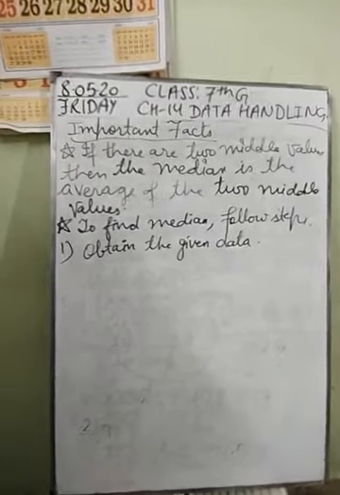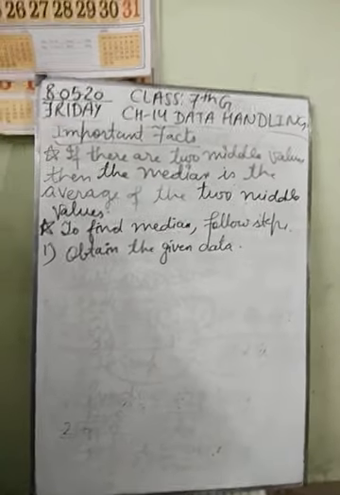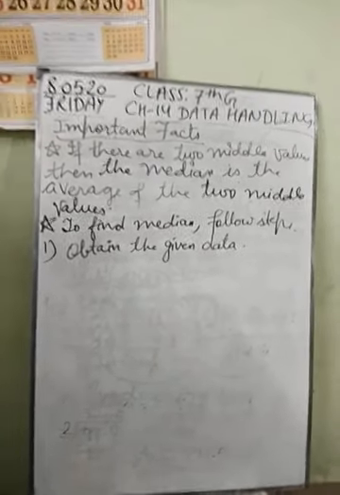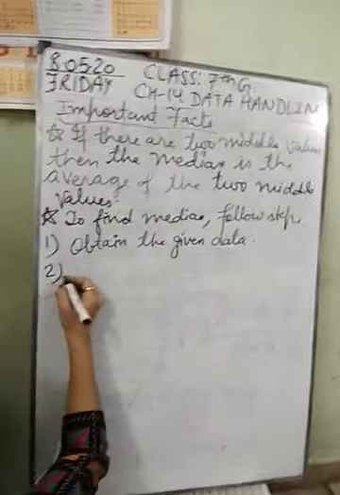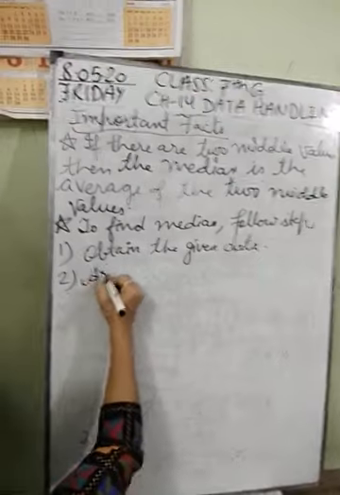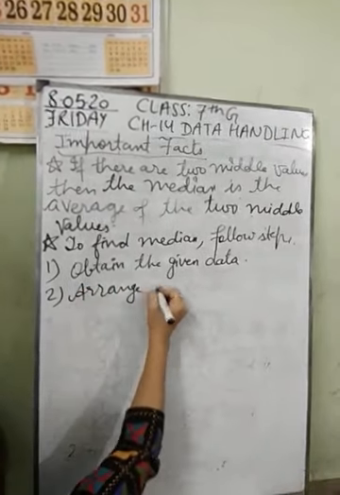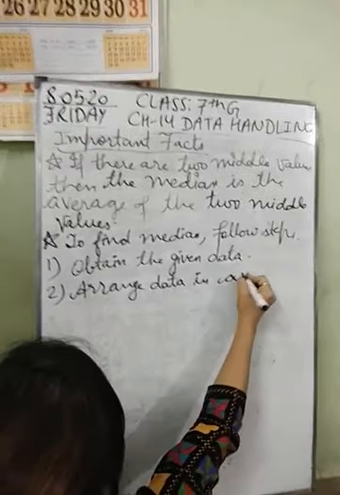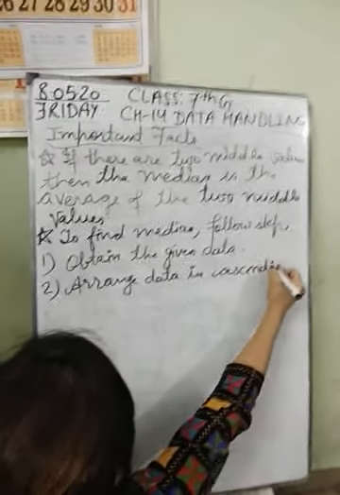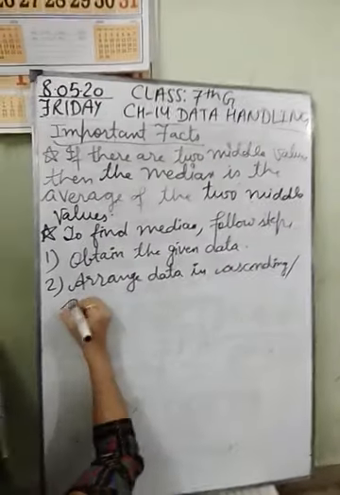So, to find median, follow these steps. First of all, you should obtain the given data. Step number 1. And step number 2 is arrange data either in ascending order or in descending order.